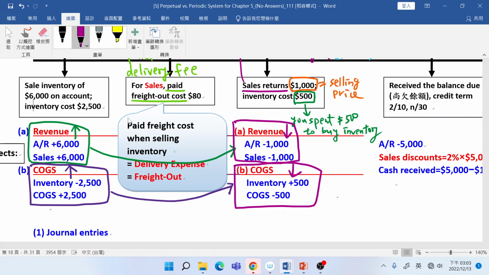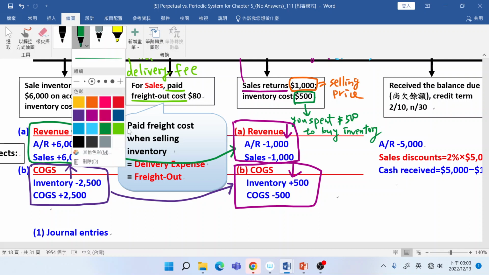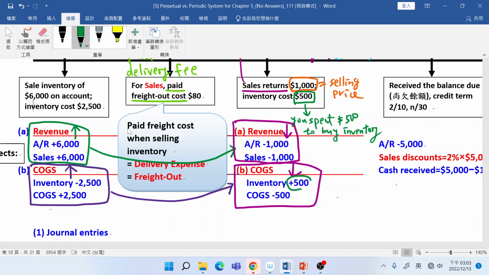Because you got the inventory back from customers. Means what? You got inventory back. Since you got inventory back, of course your inventory increases, right? So that's why here your inventory increases. Why? Because you got inventory returned from customer.